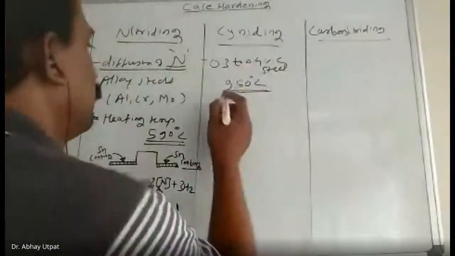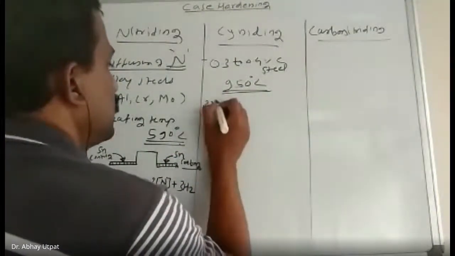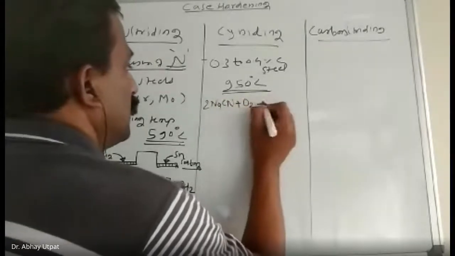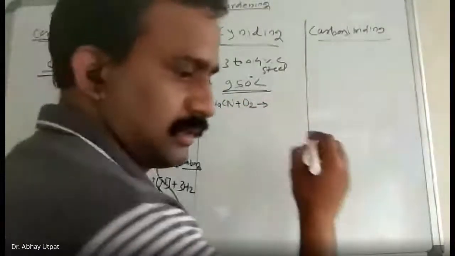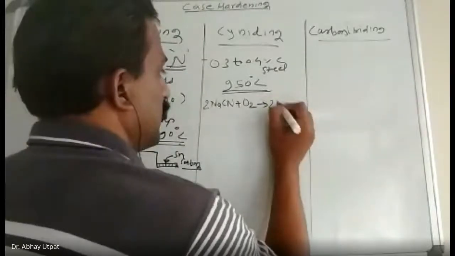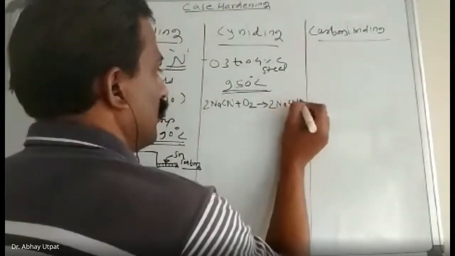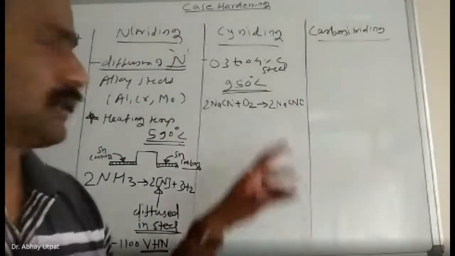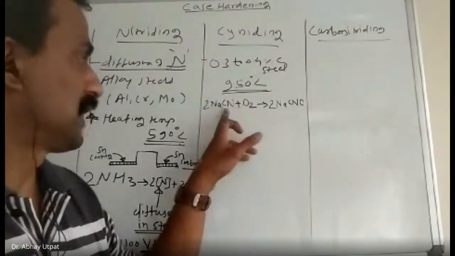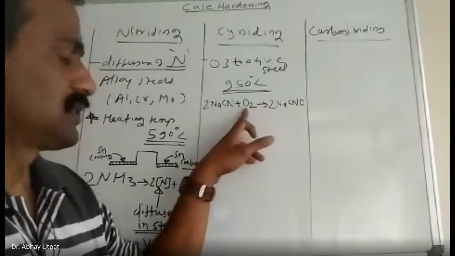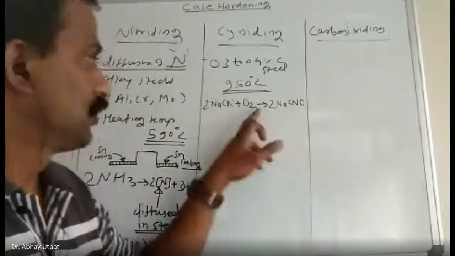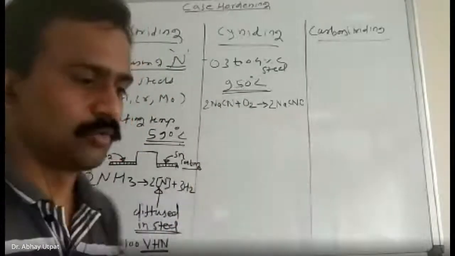The reaction that takes place is as given below. 2NaCN plus O2 gives 2NaCNO. 2NaCN, sodium cyanide, plus oxygen. Oxygen came from air. Oxidation of the salt takes place to give 2NaCNO.